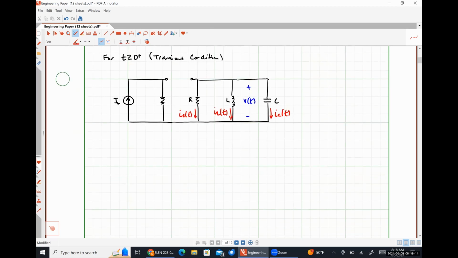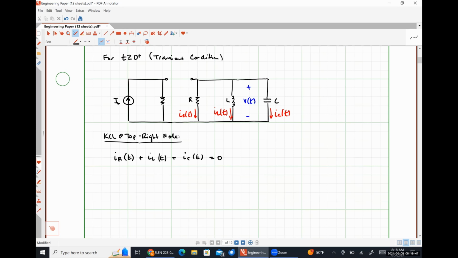So if I were to apply Kirchhoff's current law at the top right node, I would see that IR plus IL plus IC has to equal 0.